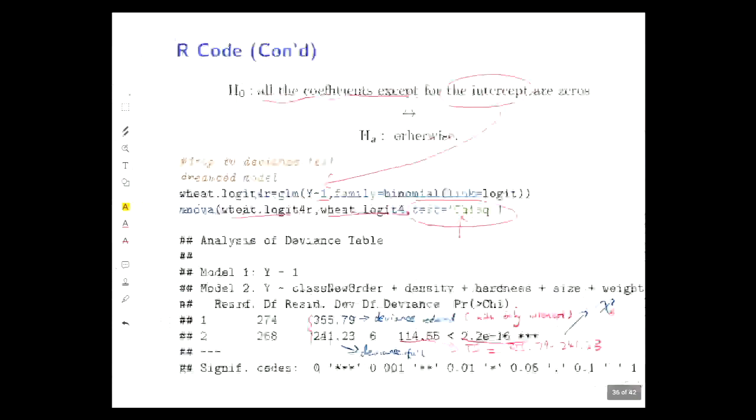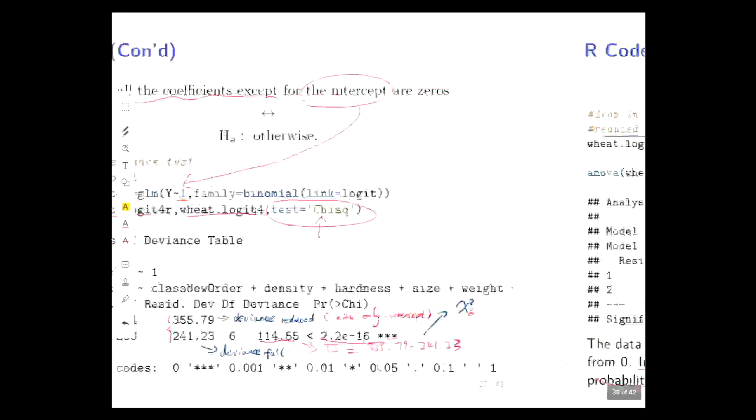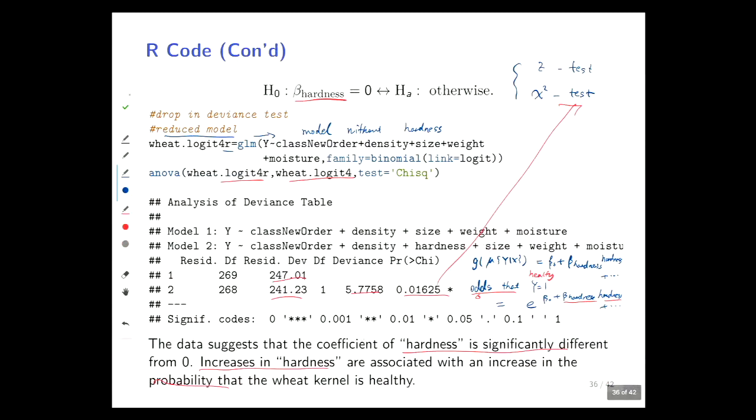The z-test result is on page 34. So we have a slightly different p-value, but we have the same conclusion to reject the null hypothesis and obtain that the coefficient is significantly different from 0.